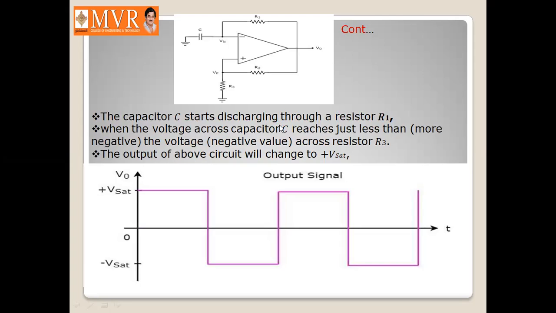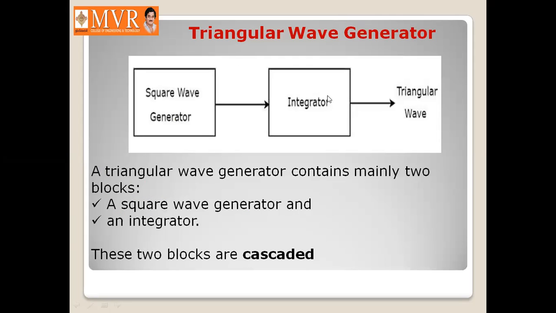When this square wave is applied to an integrator circuit, the square wave is going to be integrated, and it is going to change its shape such that the output obtained from the integrator is nothing but a triangle wave. The square wave generator output is connected to an integrator, then we are going to obtain a triangle wave.